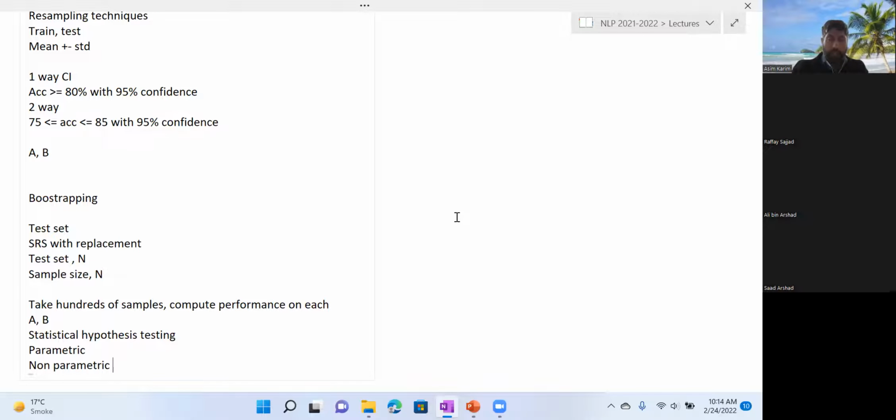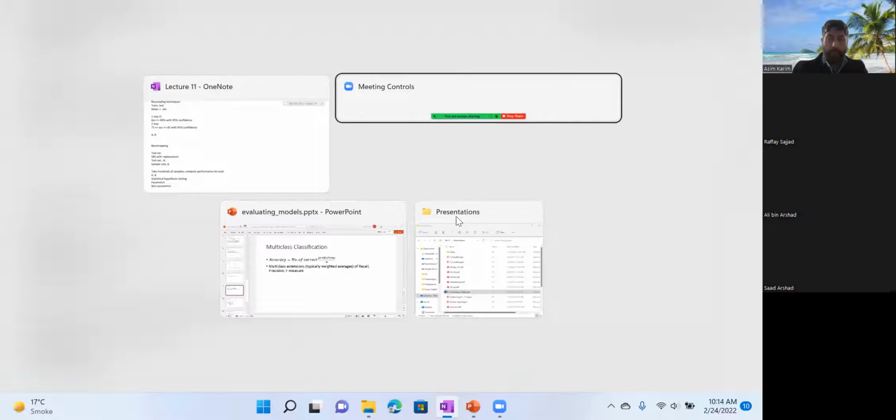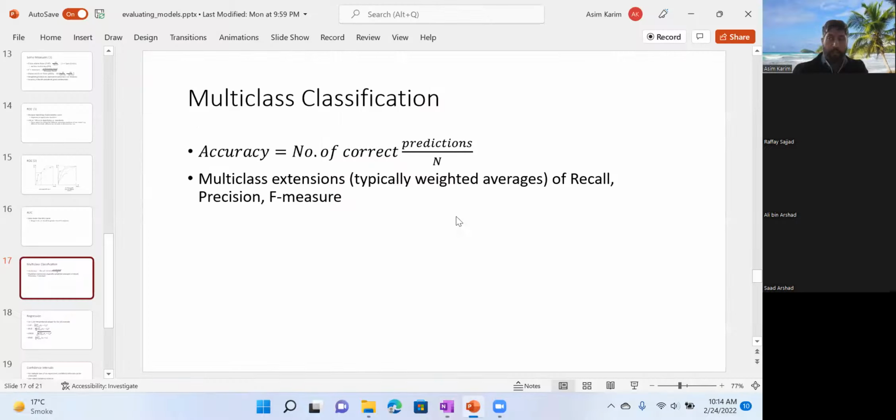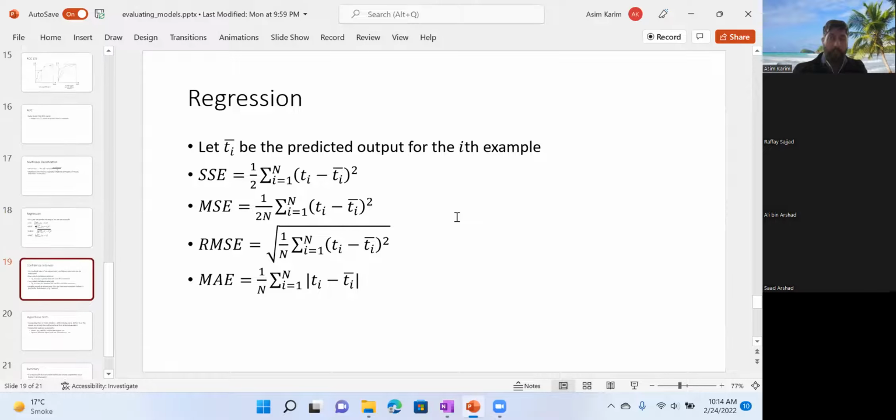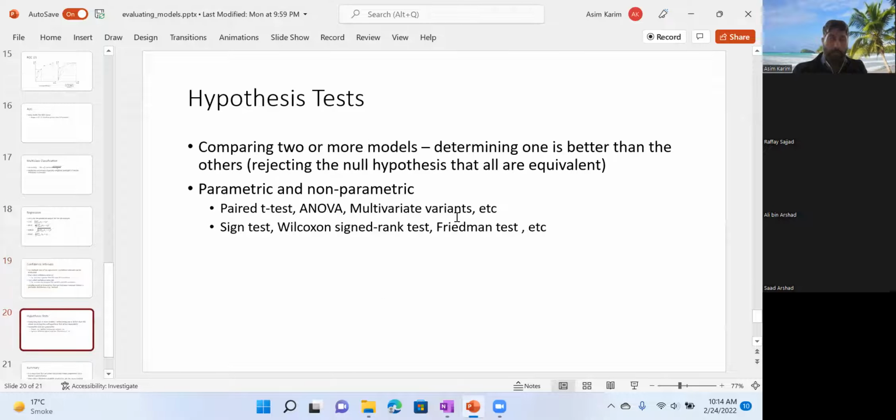In the slides, which I have shared on LMS, I mentioned some popular hypothesis testing techniques under both parametric and non-parametric. Of course, the details of each are somewhat beyond the scope of this course, but you will find implementations of these in most tools.